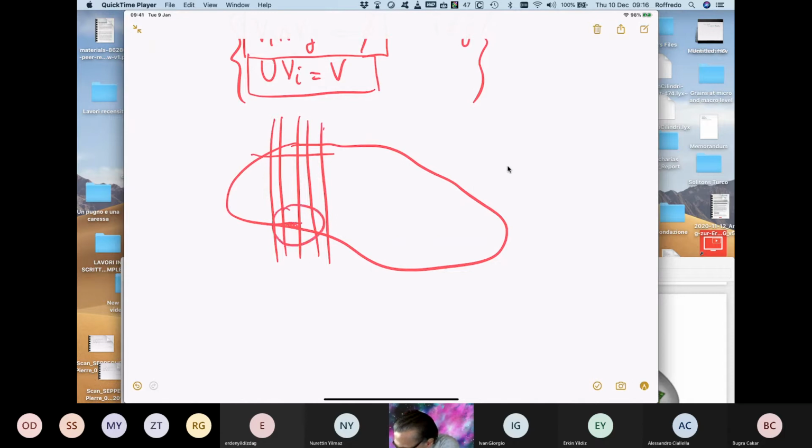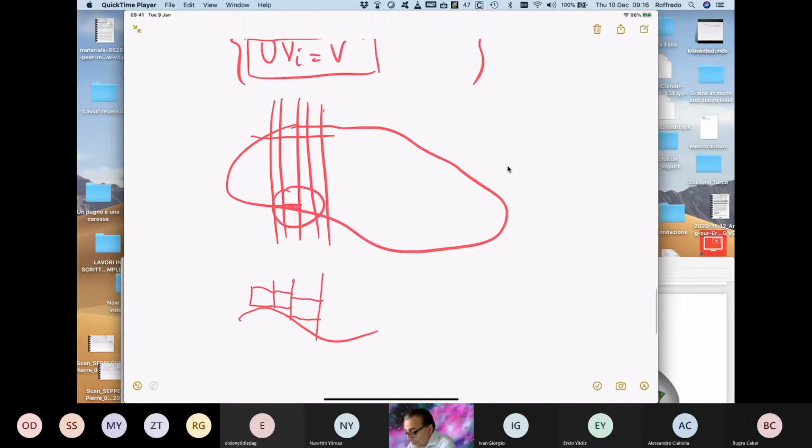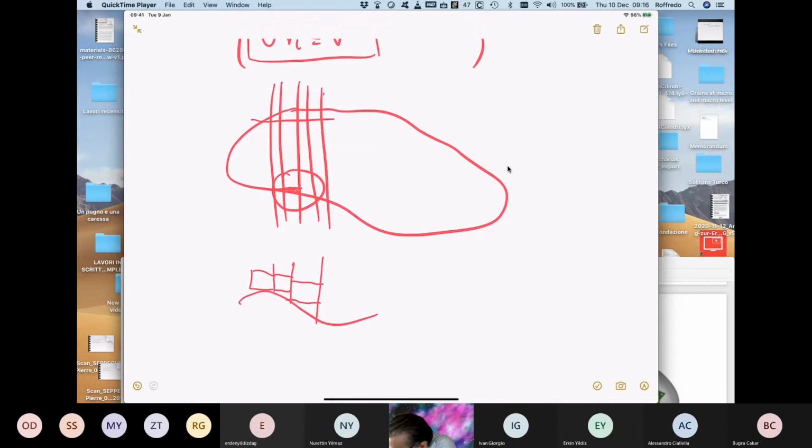So if you zoom in here, you have this region, and then you have this cube here, then you have this cube here. So you are approximating the boundary with a piecewise flat surface. Okay. However, this volume here can be made as small as possible.